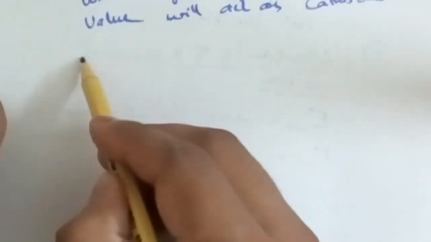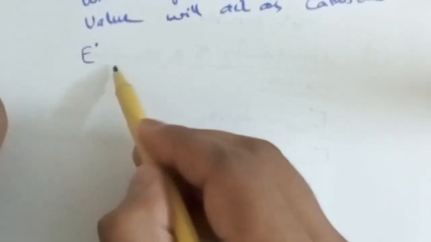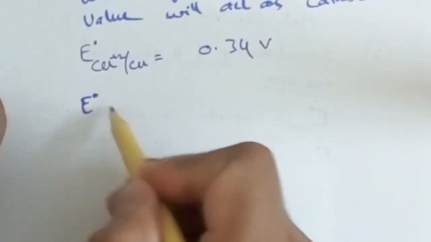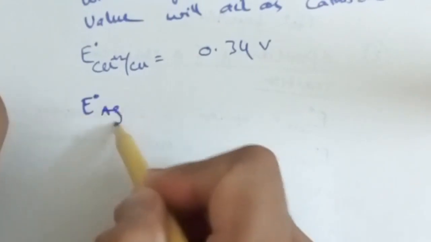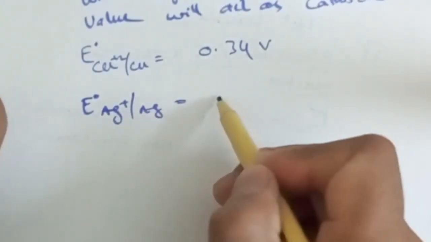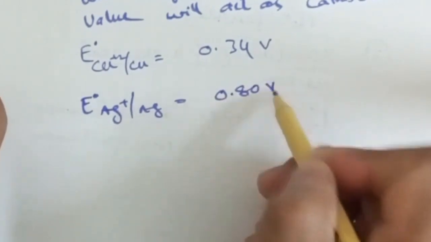For example, the reduction potential value for copper is equal to 0.34 volt, and for silver it is equal to 0.80.